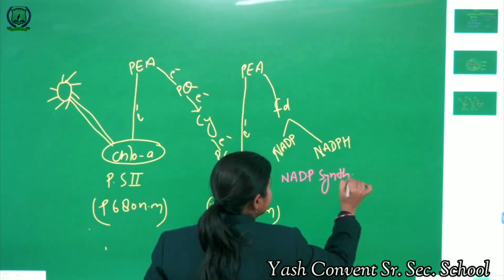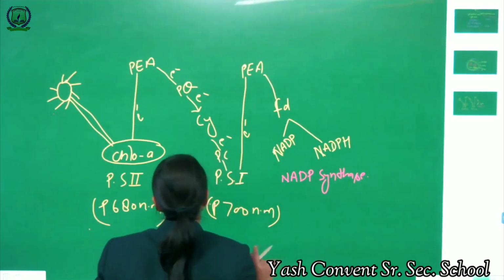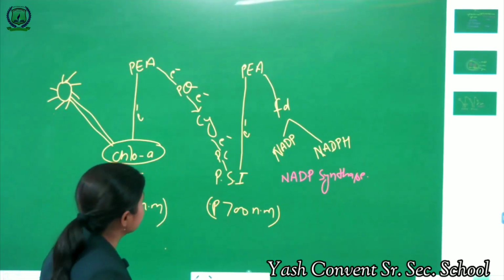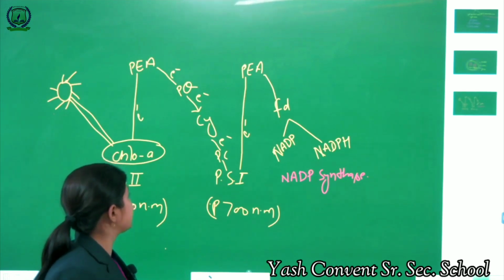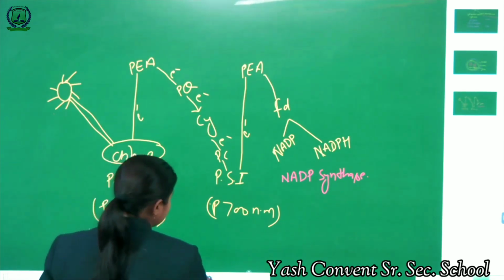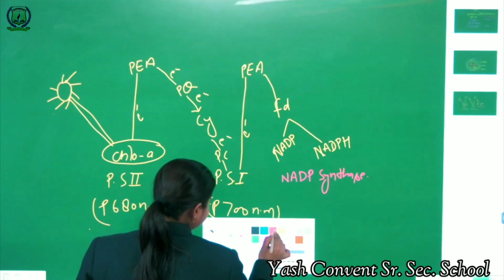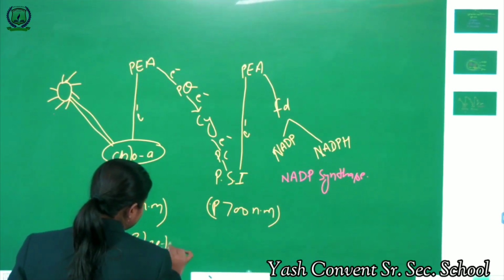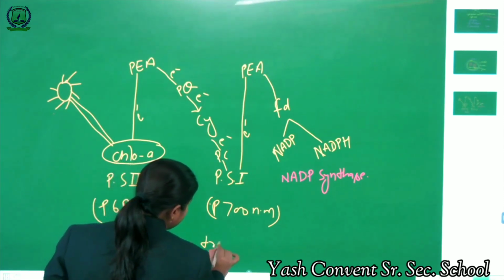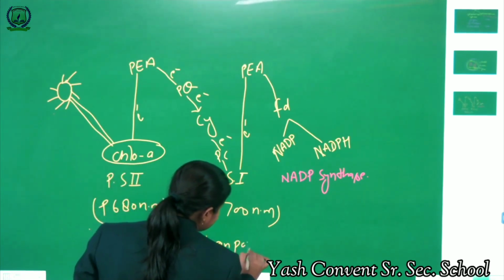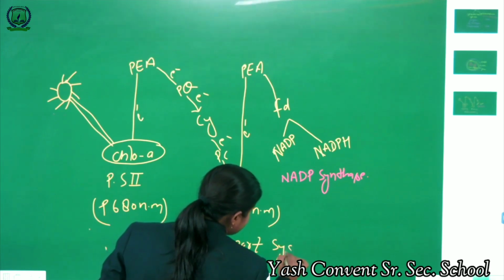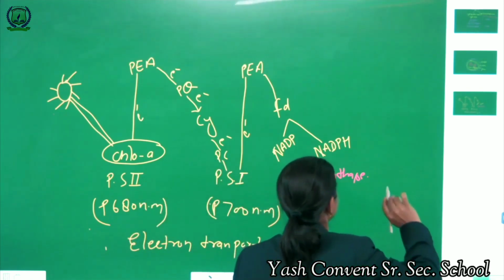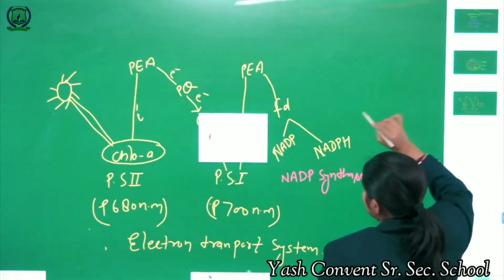This process, by which electrons are transported from one step to the next, is called the electron transport system.